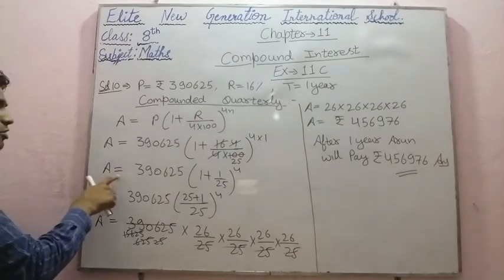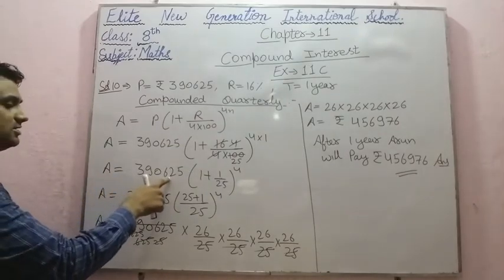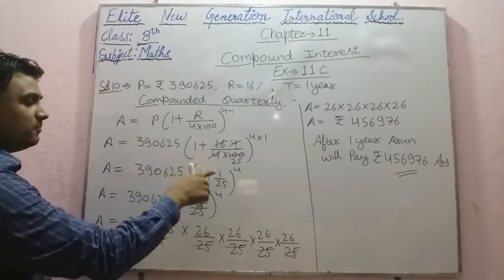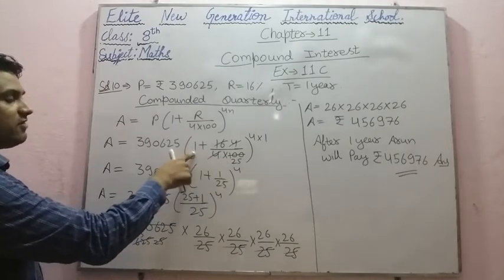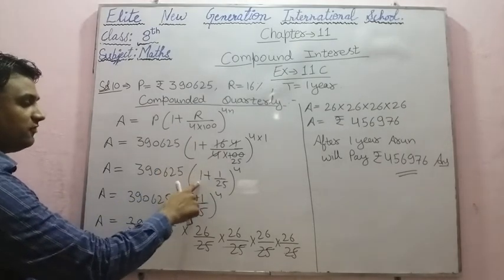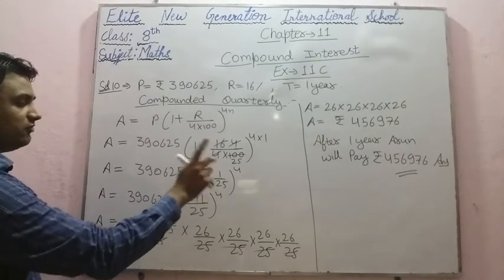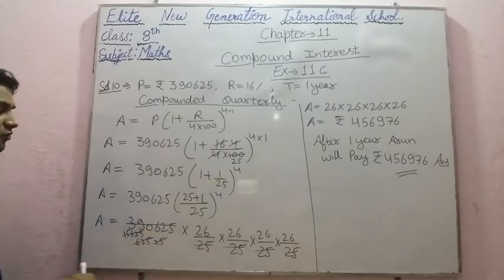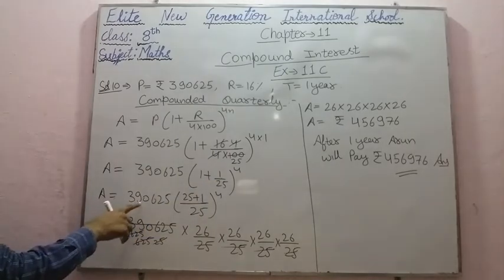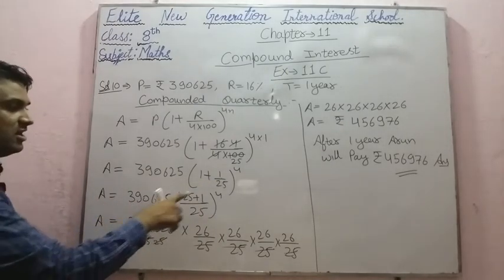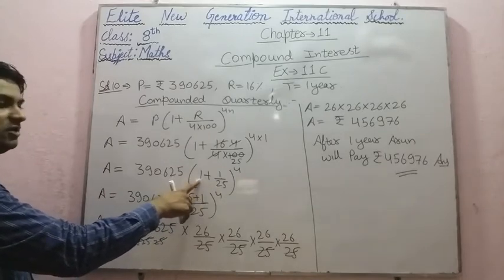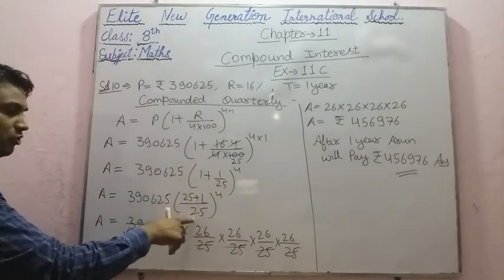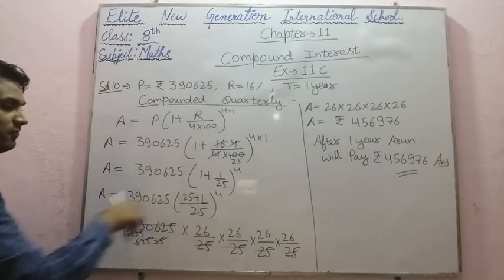So after this, amount equals 3,90,625 into 1 plus, here we can take LCM, so 25 into 1 will be 25, so 25 plus 1. So first of all, it will be 1 plus 1 upon 25, whole power 4, and amount equals 3,90,625, then 25 into 1 will be 25, 25 plus 1 upon 25 and whole power 4.